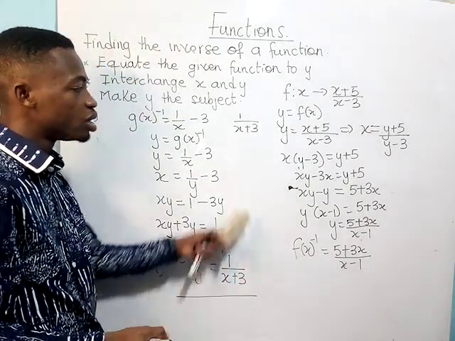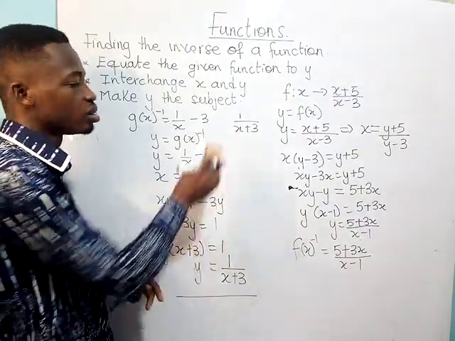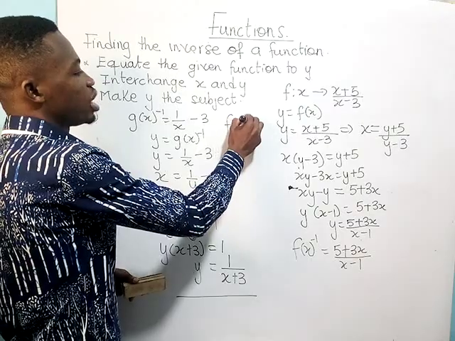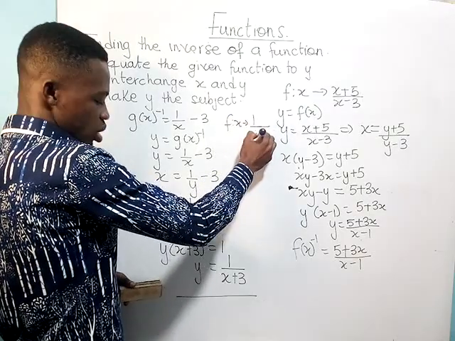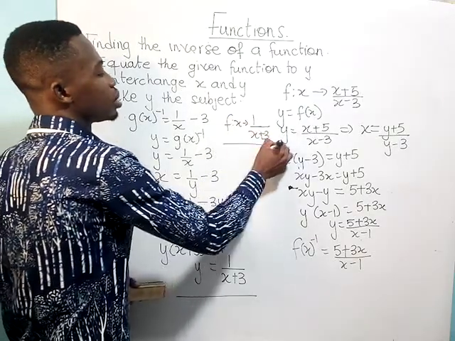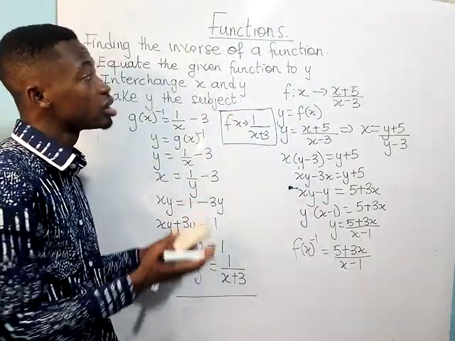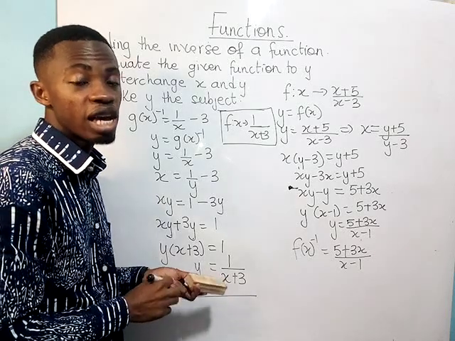And look at what is happening. We've obtained the original function. So therefore, our f of x is 1 on x plus 3. So this is the basis of the inverse of a given function.